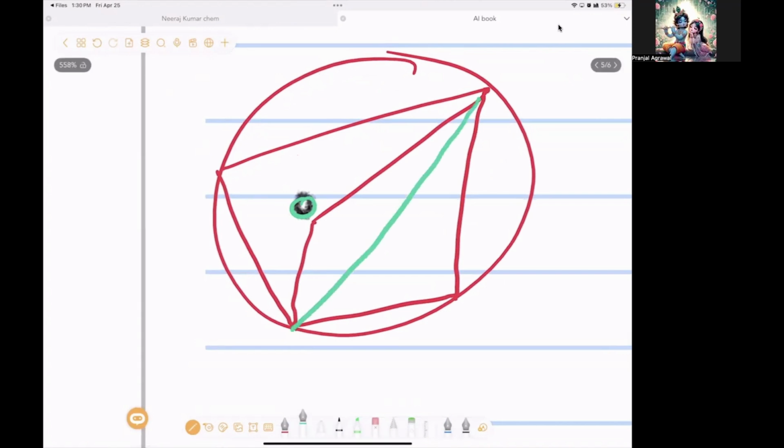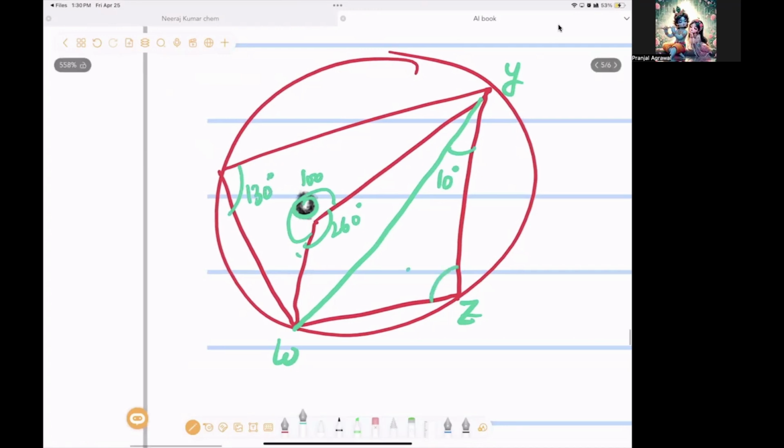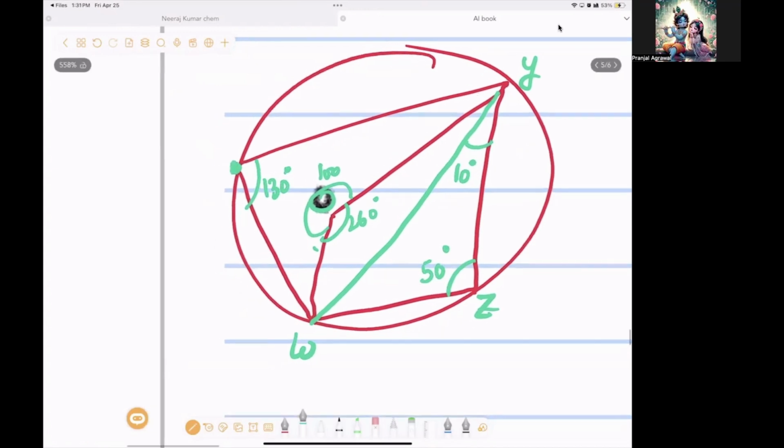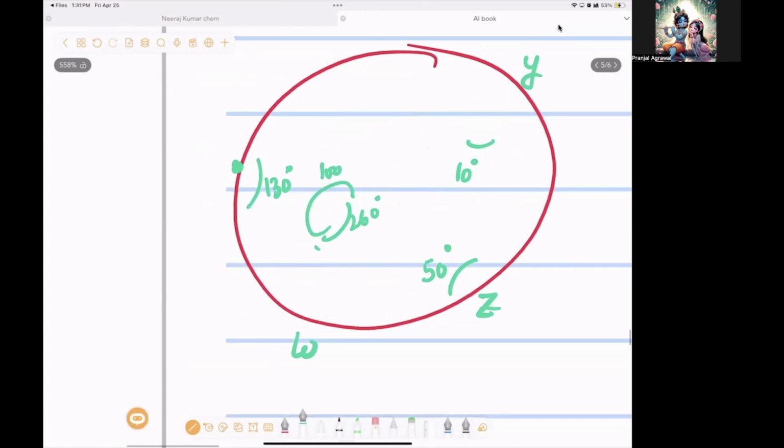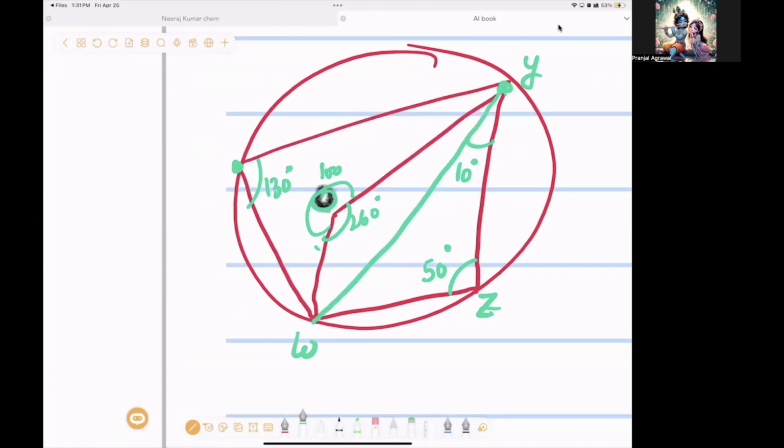So they have drawn this line. This is Y, this is Z, this is W. So this is given as 10 degree. This is given as 100 degree. So this will be 260 degree, because angle at the center is 260 degree. So this is 130 degree, because angle at the center is double that at the circumference. So this will be 50 degree. See, because that is a cyclic quadrilateral. This and this point make a cyclic quadrilateral.